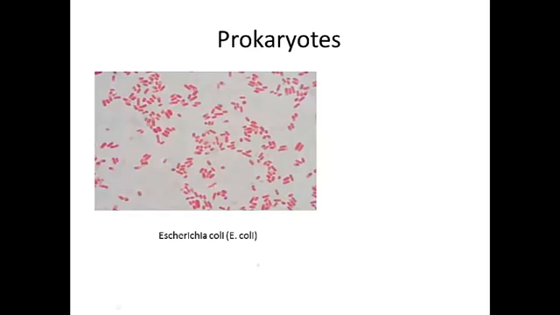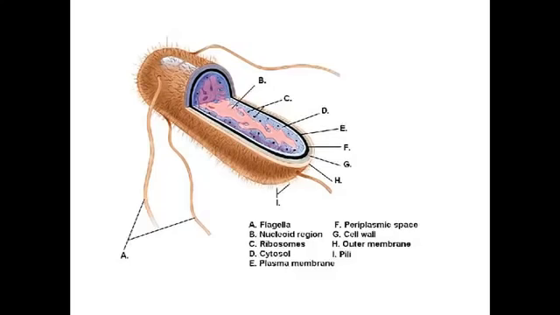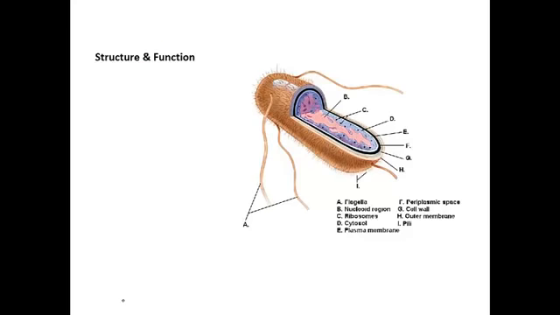Now the IB program uses E. coli as the representative prokaryote, so we're going to look at E. coli in more detail. Here's an image of E. coli with some of its ultrastructure labeled, and we'll look at the ultrastructure in more detail. First we have the pili.